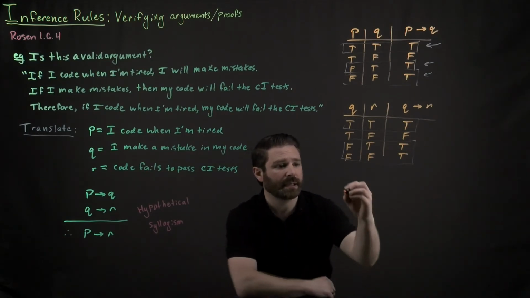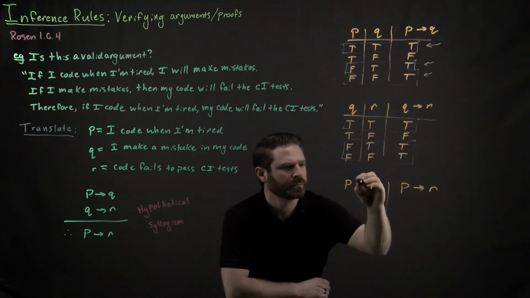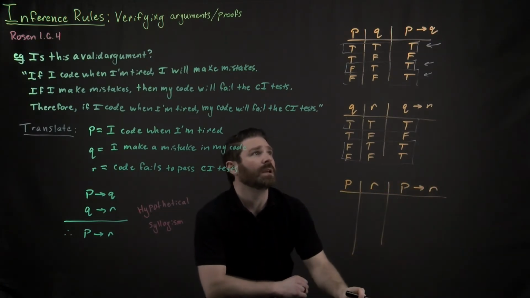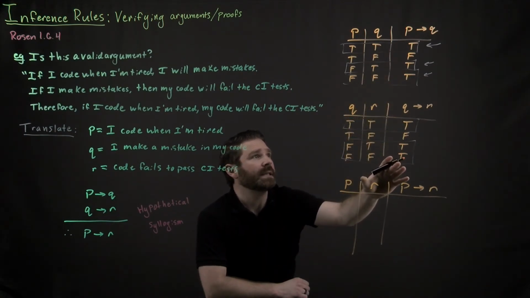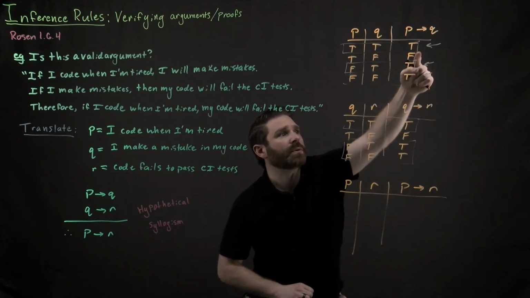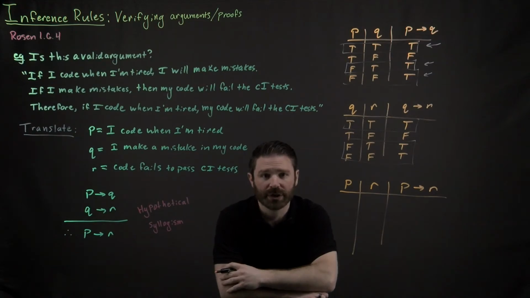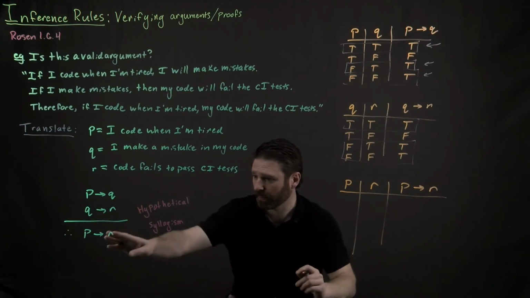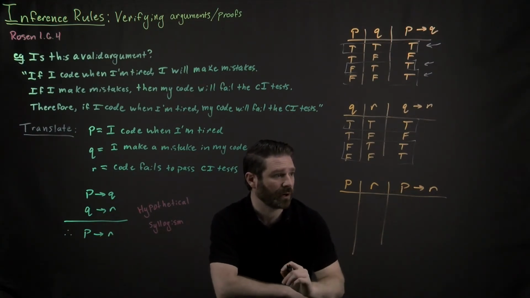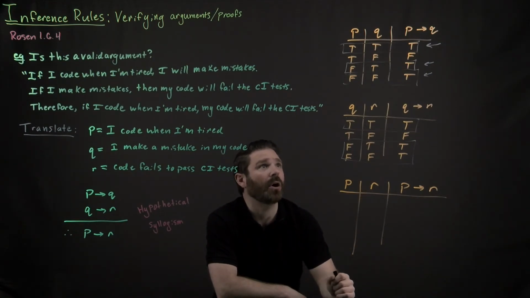So I know my hypotheses here, I want to be considering the cases where they're true, so only those particular entries right there. So to figure out whether or not my conclusion right here, P implies R, is true, I only have to consider certain values of P and R.